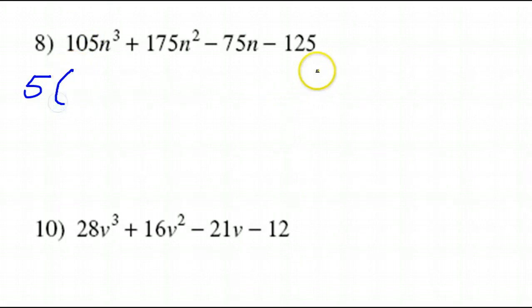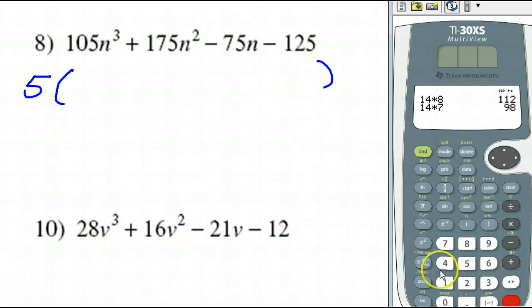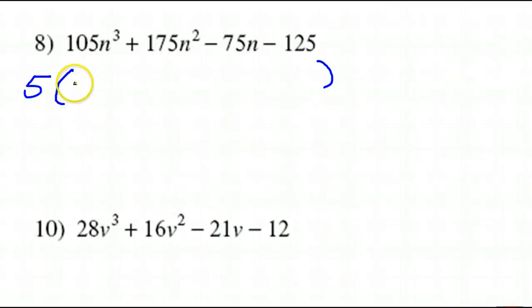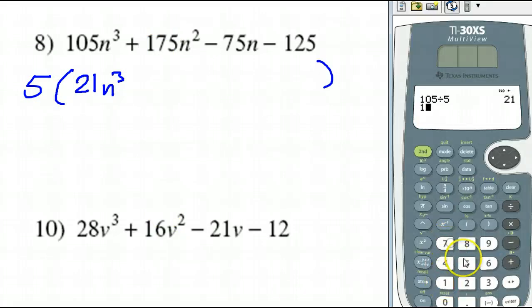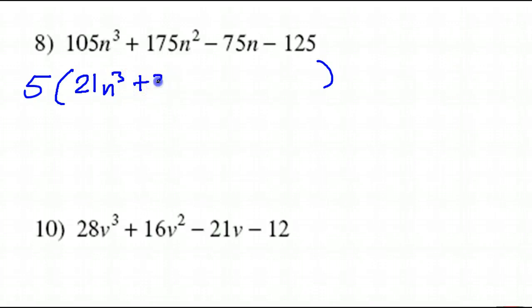Okay, so if I do that, let's see, 105 divided by 5. Oh, that's going to be 21, right? Okay, so that means 5 times 21n to the 3rd power. Let's see how many times 5 goes into 175. Okay, that's 35. So that's plus 35n squared.